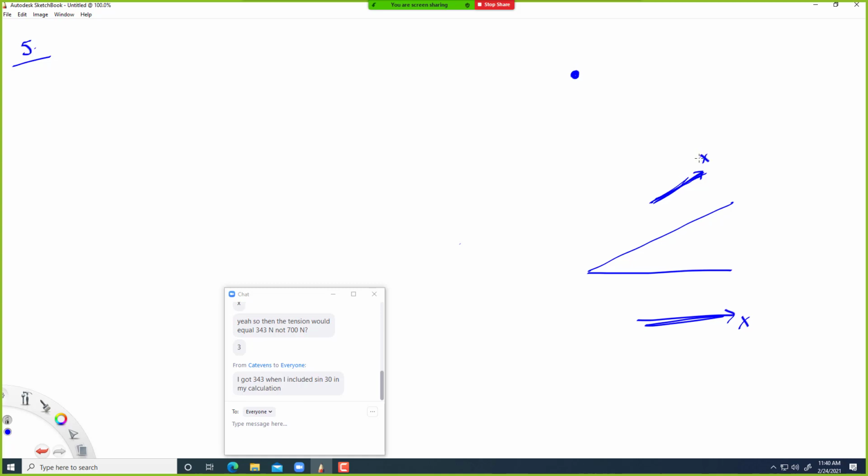That way it makes our problem a lot easier. 343 is fine, I think, because when you use the actual value of g to be 9.8, you may get 343. Maybe I used g equal to 10, or I did some rounding, so 343 is fine.